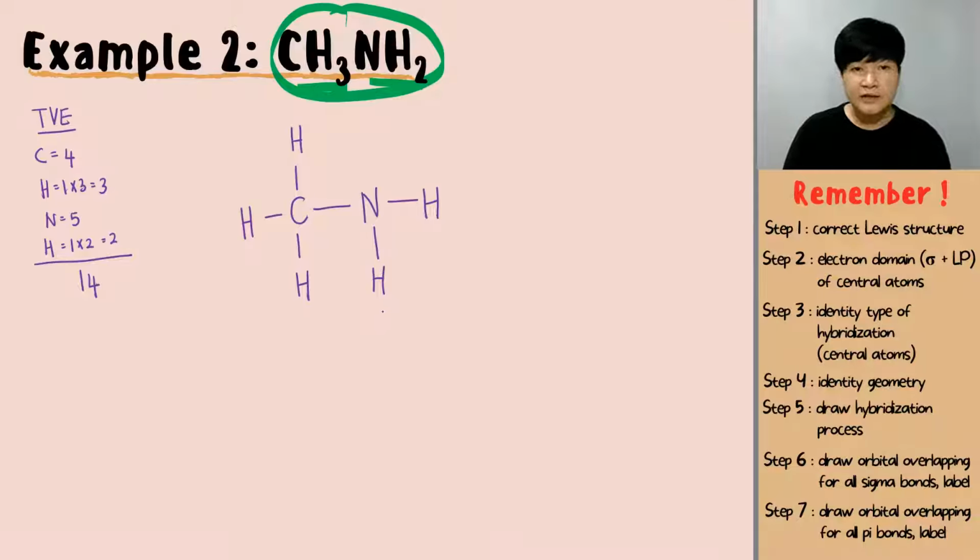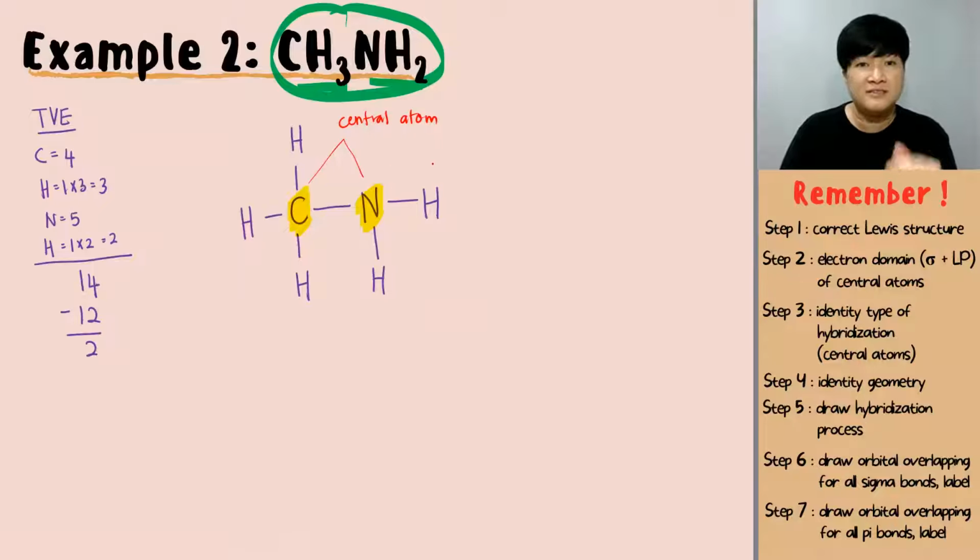Looking at the skeletal structure, how many single bonds have I placed in? We have placed in 6 single bonds. 6 single bonds means I will minus 12 over here, with 2 valence electrons left. But we have 2 central atoms. Looking at both of these central atoms, which central atom is not octet yet and which central atom is more electronegative? Which one will have the ability to pull electrons towards itself?